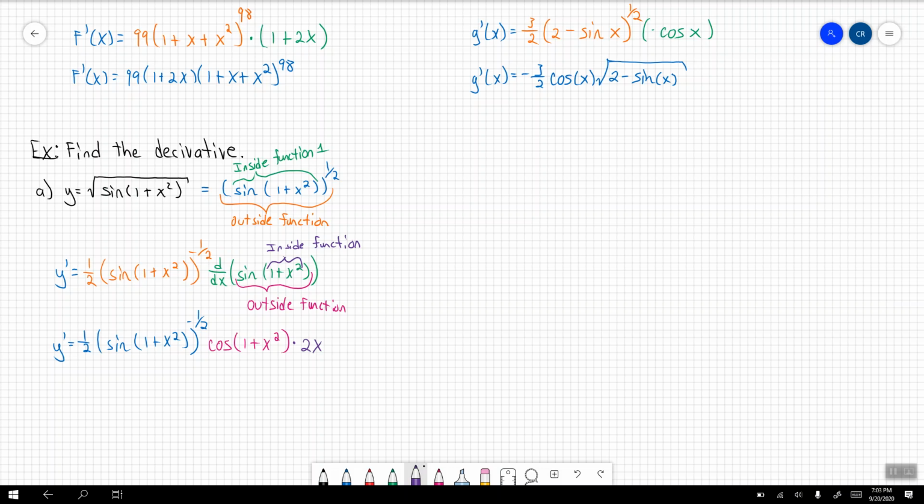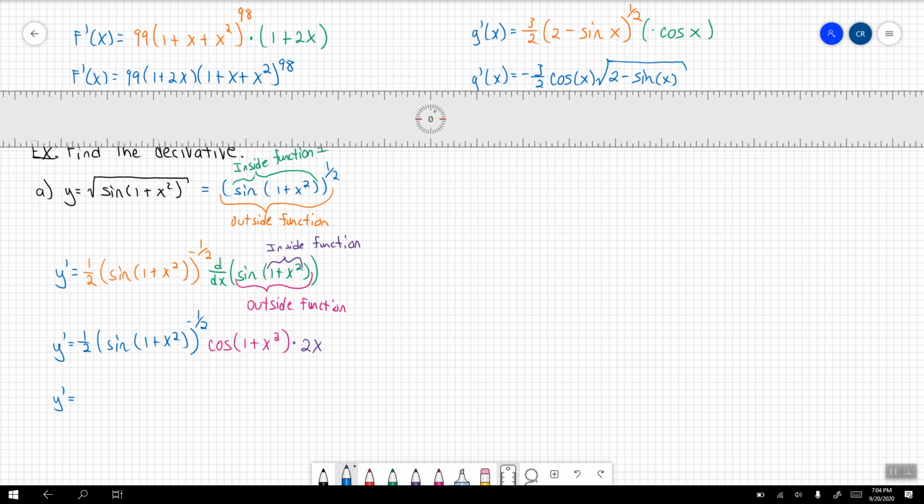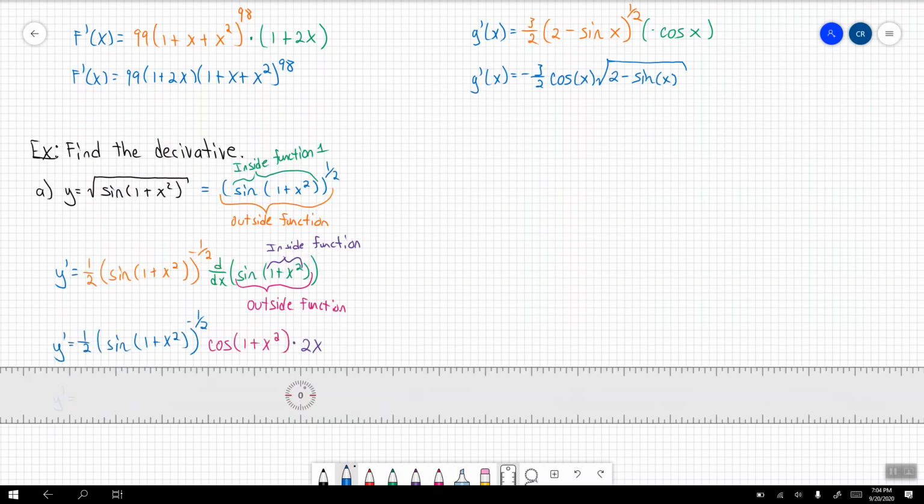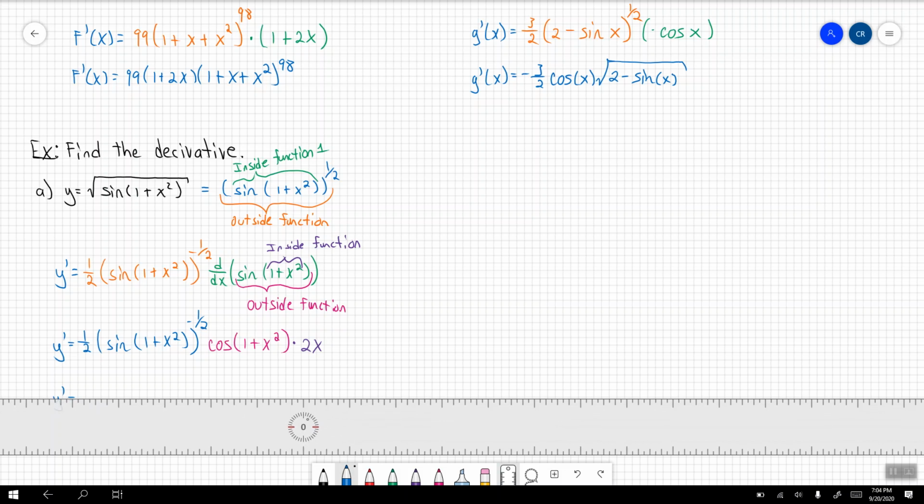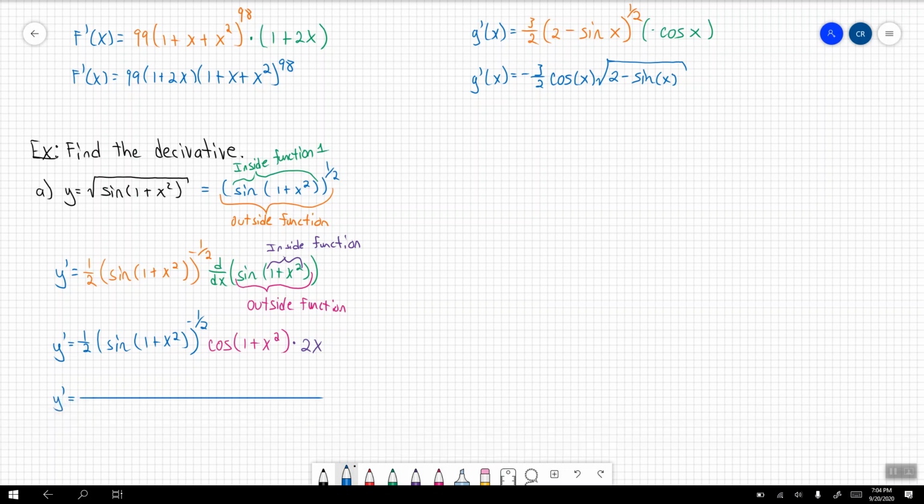And therefore, we've now accounted for all of the derivatives of all of the function compositions that were taking place here, which means we can now rewrite all of this. When we rewrite all of this, we will have a fraction because, again, we don't want any negative exponents. So let's make sure we tackle that. In the denominator, we will have the square root of sine of 1 plus x squared.